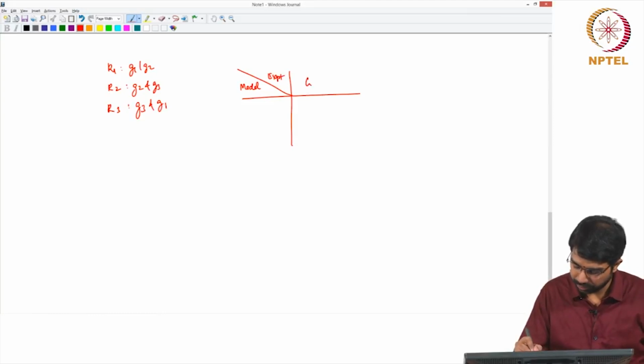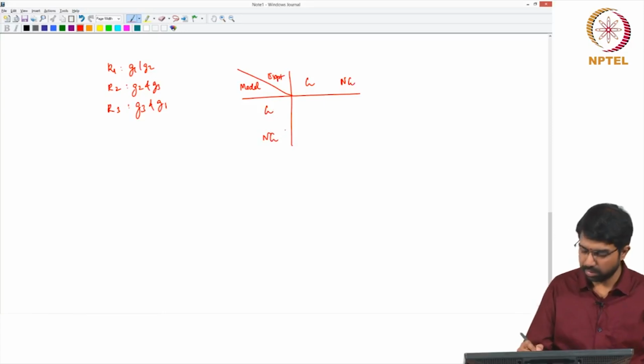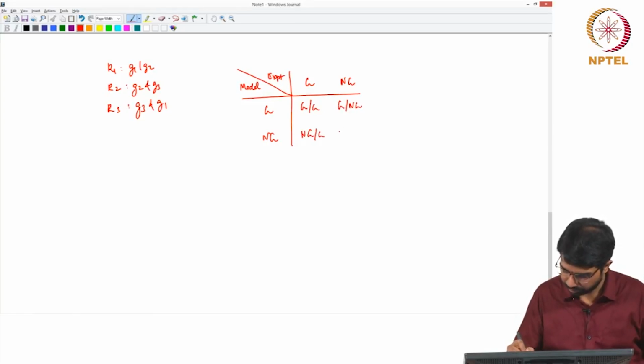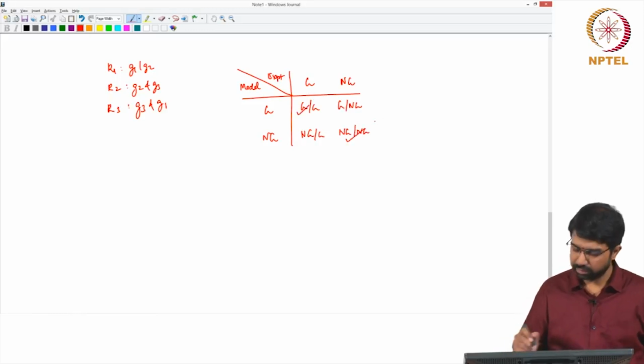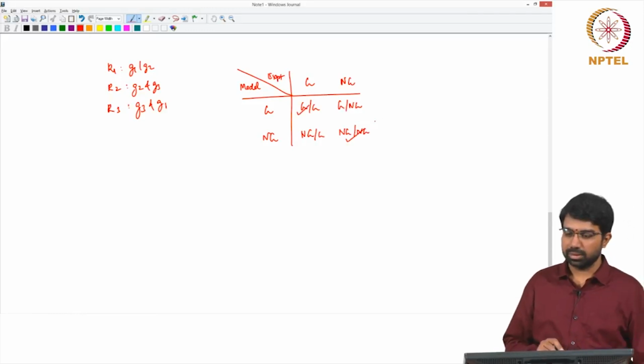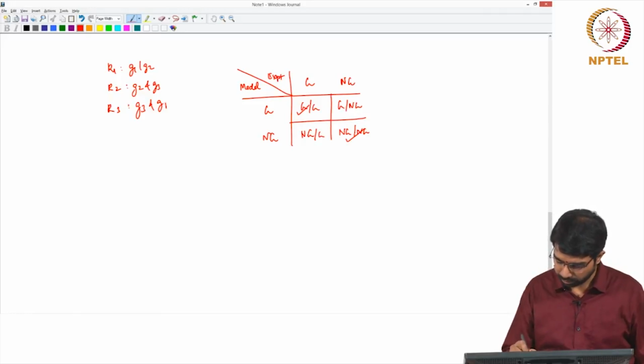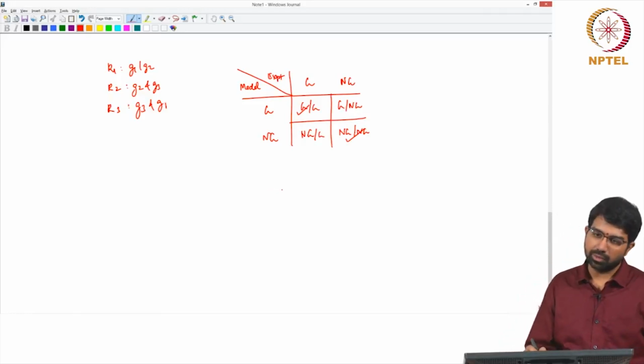You can have growth, no growth, growth, no growth. These two are good: true positives and true negatives. The other two are a problem: false positives and false negatives.